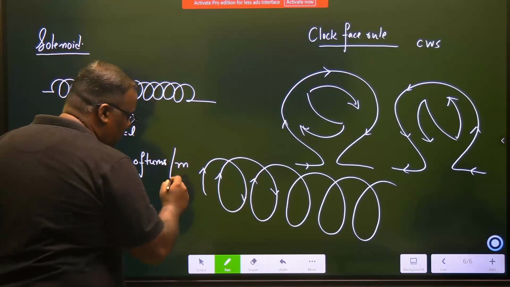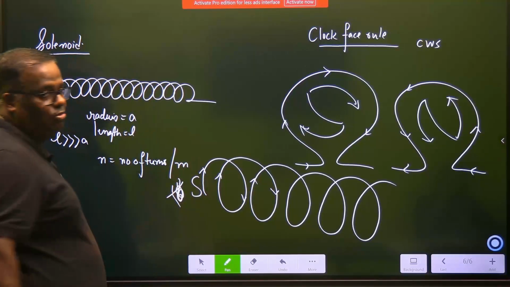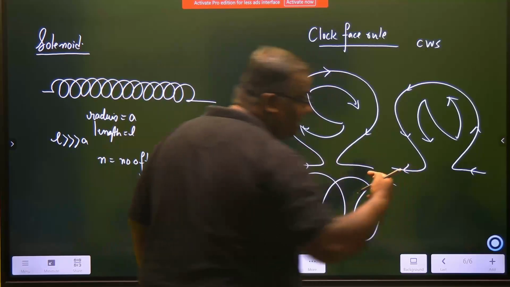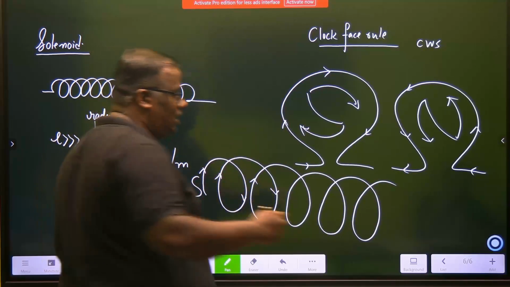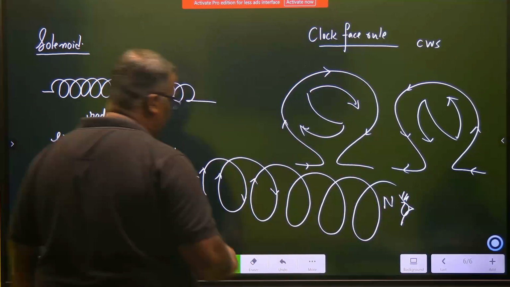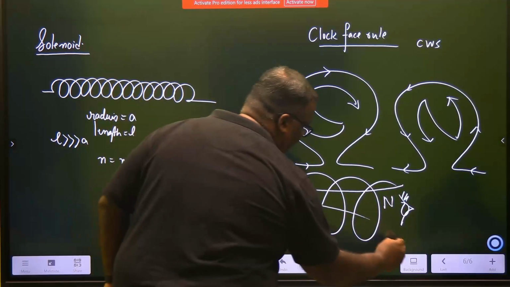So if I'm viewing it from this side, I see a south pole. And if I see it from this side, I'll see the current in an anti-clockwise direction, so you will basically see a north pole. And this is how it behaves, like a bar magnet.